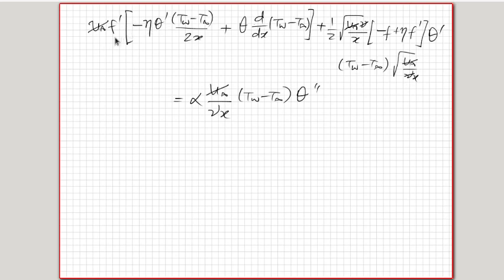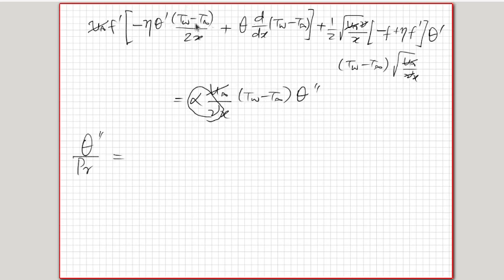And here this alpha by nu will become a 1 by Prandtl number. Let me see. There is a t1 minus t infinity. If I take it to the left hand side, I'll get on the right hand side theta double prime divided by Prandtl number, which is equal to, if I take it to the other side, this t1 minus t infinity, and let me put it into this term.